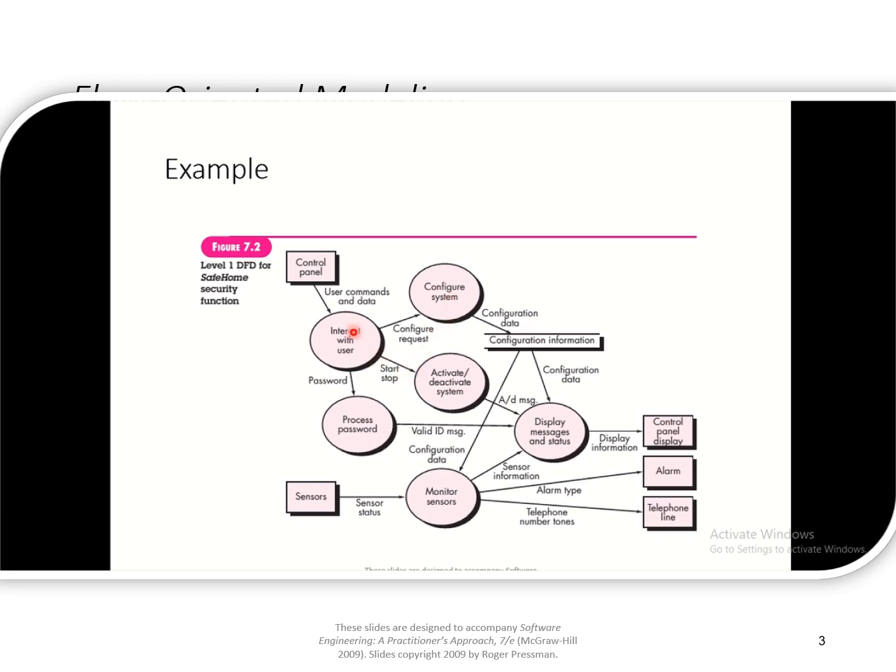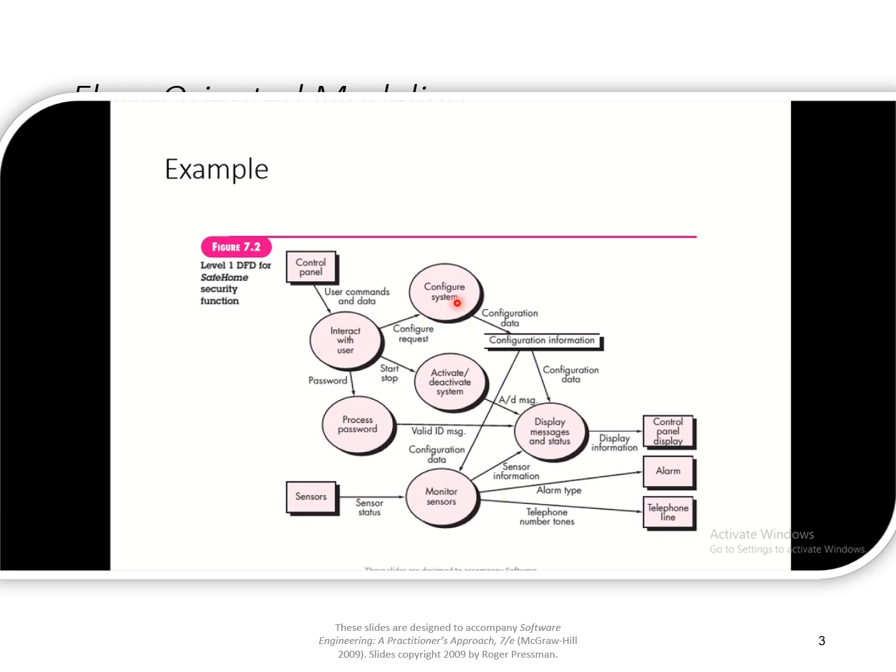If it interacts with the user, he certainly has to give the password, and the password process enables interaction with the user, who can start or stop, deactivate or activate the system.